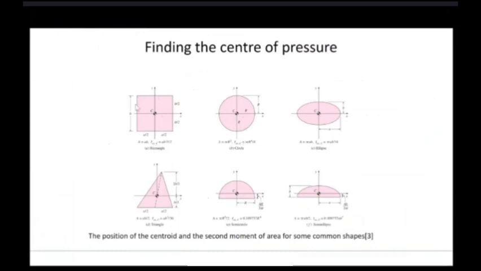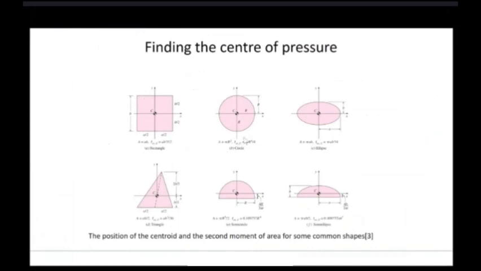So for a rectangle, the centroid would clearly be in the centre. So this is B metres deep, B over 2 to the centroid, B over 2 to the centroid. If it's A metres wide, we'd have A over 2 to the centroid and A over 2 to the centroid. If we want to work out the second moment of area, that's AB cubed over 12 for our rectangle.